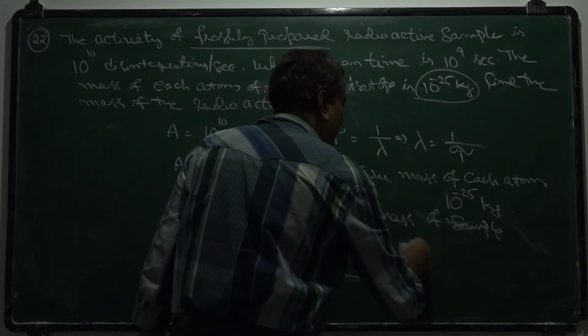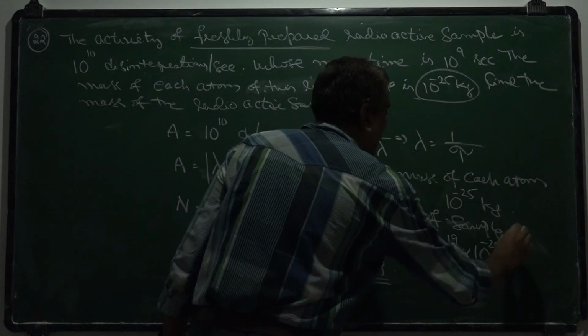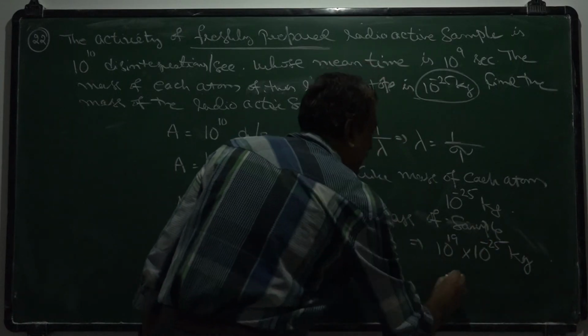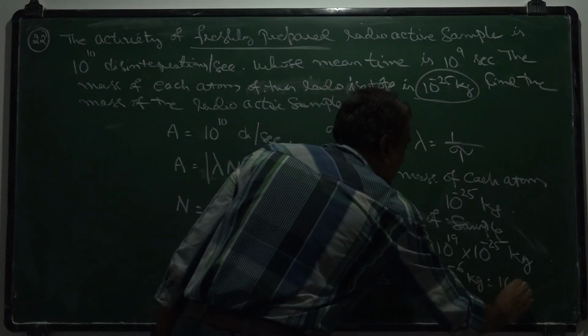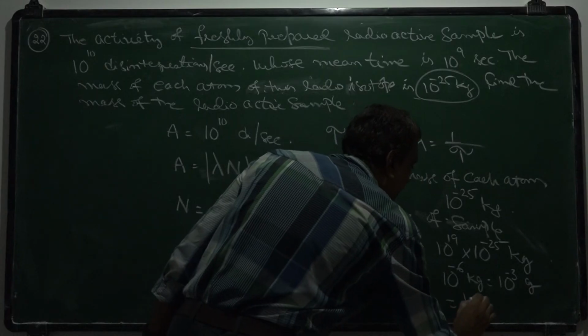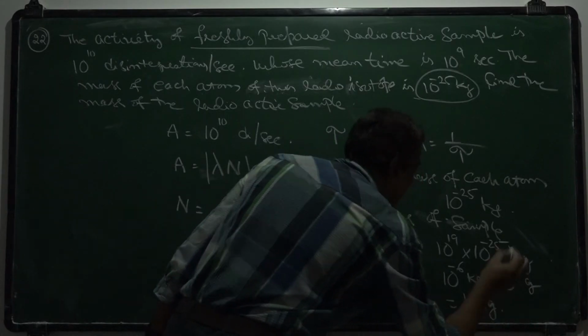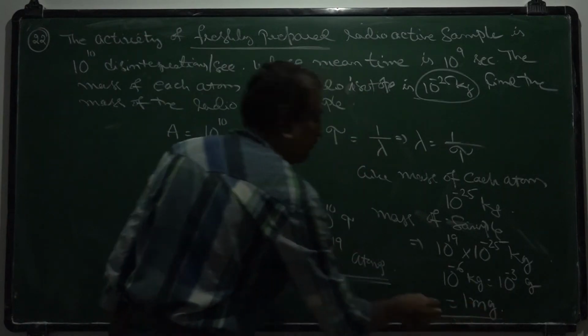So the total mass becomes 10 to the power 19 into 10 to the power minus 25 kg. That is 10 to the power minus 6 kg, so that is 10 to the power minus 3 gram. So you can write it as 1 milligram. So the mass of this sample is 1 milligram.